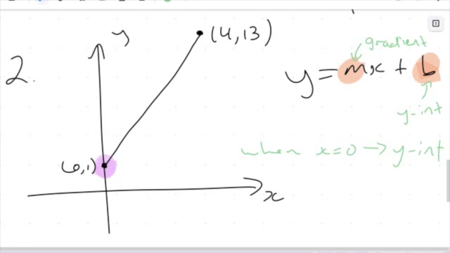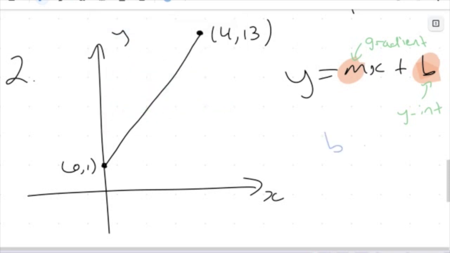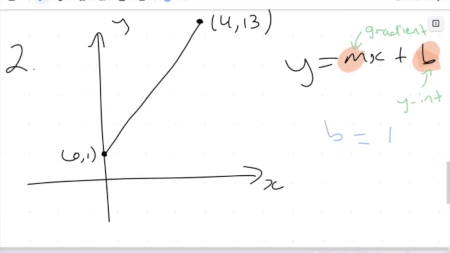Or we can just look at it visually and say, okay, I can clearly see this line is passing through 1 on the y-axis when it first touches that y-axis. So I can just substitute that straight in. I can say, okay, my b equals 1. My y-intercept is 1. So we're getting a little bit closer. Let's write that into my equation. So y equals mx plus 1.